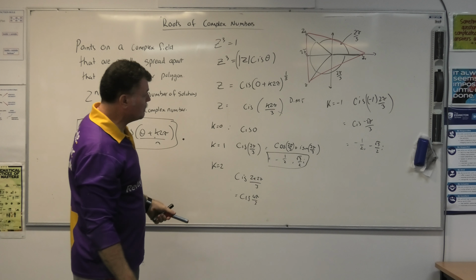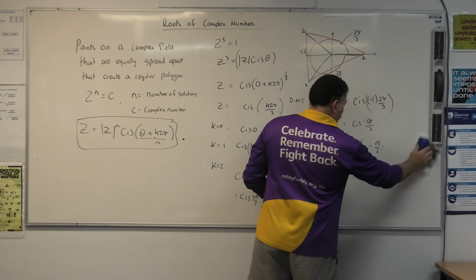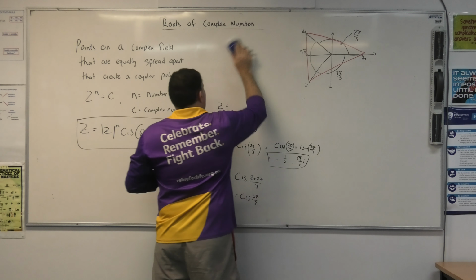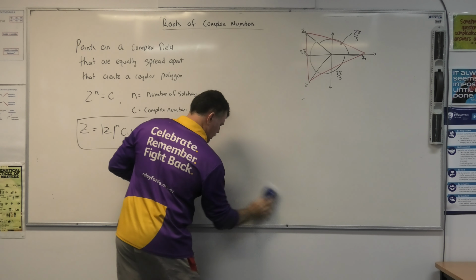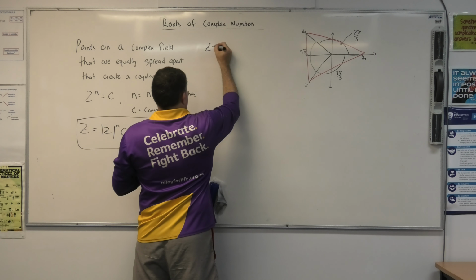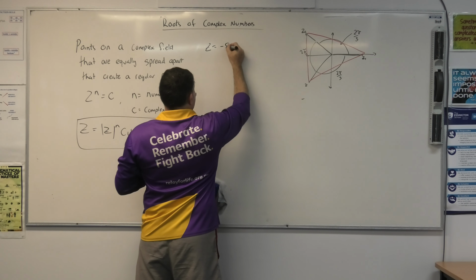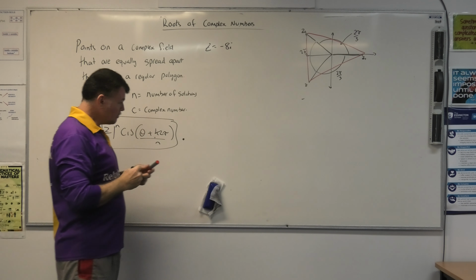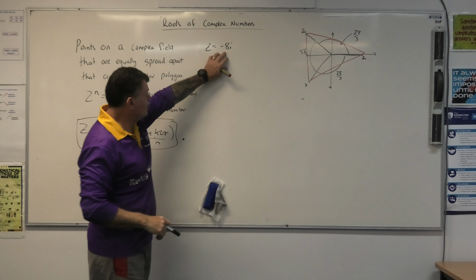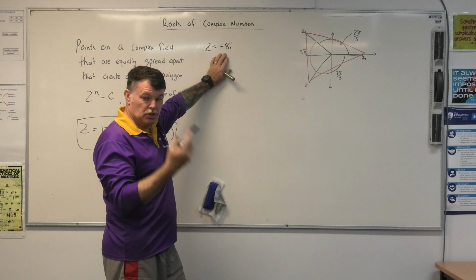Now let's have a look at something that looks a little bit different. What if I had something that looked like this? Z is equal to -8i. Now if I've got -8i there, what I've got is a modulus.